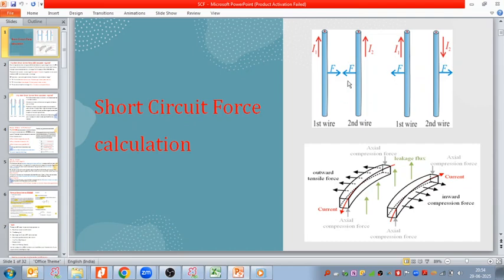That force we are going to calculate and provide to the civil engineer, and accordingly they will design the structure so that at this moment it should withstand and not get damaged. I hope the objective of why we perform these calculations is clear, right?